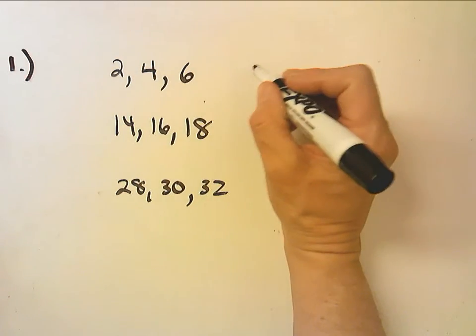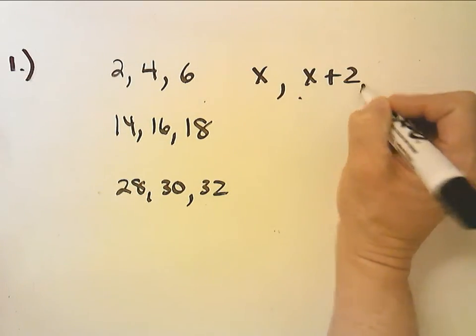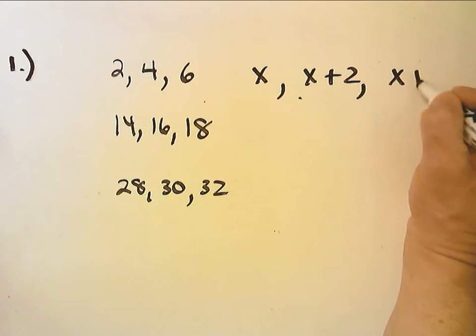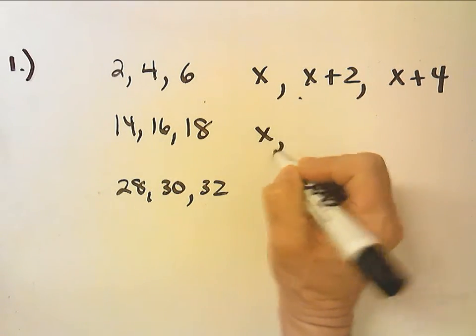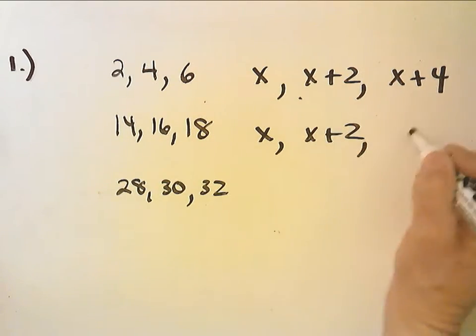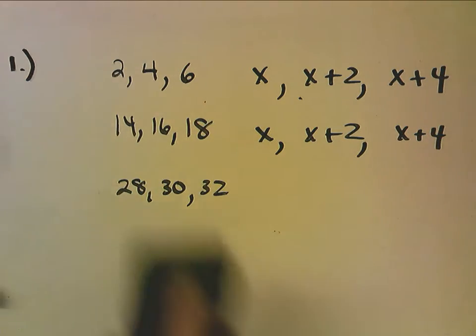So if I start with 2 to get to 4, I add 2. If I start with 2 to get to 6, I add 4. If I start with 14 to get to 16, I add 2. To get to 18, I add 4. So I think you see the pattern, that if they're even integers, they're 2 apart. So if they're unknown, they're x, x plus 2, x plus 4.